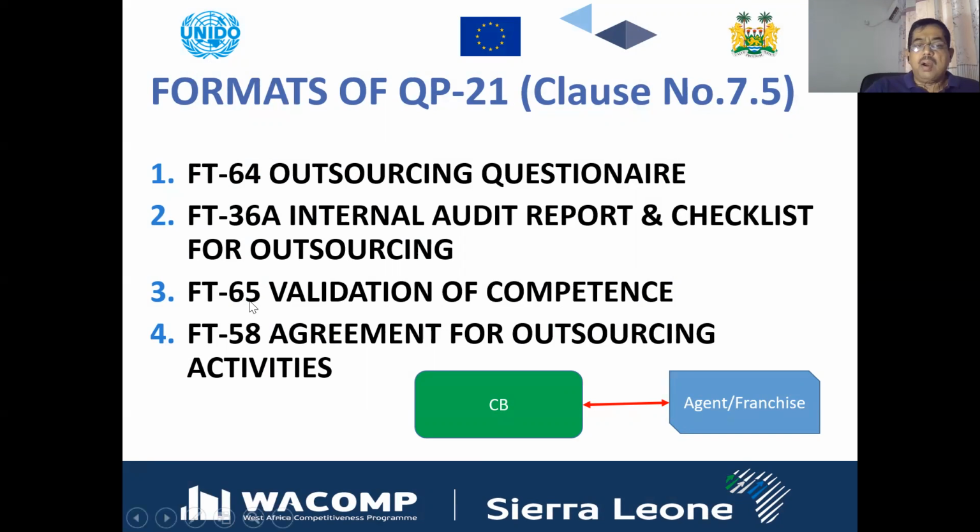Anyhow, this is a format, and then you will fill the agreement and you will sign the agreement with that company that will be in Liberia or Guinea, and then they will serve as an agent or franchise for SLSB, MSCB. So all this class, that is 7.5, and the QP number 21 is with respect to outsourcing.